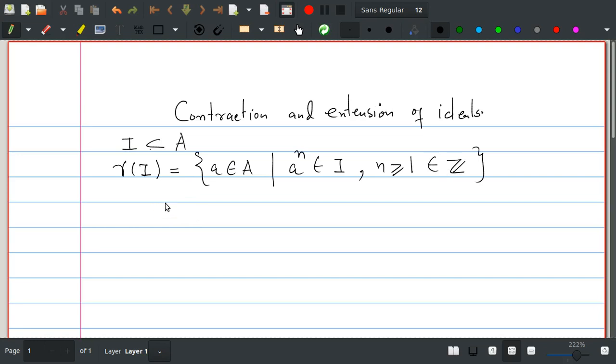Then we call this set the radical of I, and in last lecture we have seen that this radical is actually an ideal, and we did some exercises on radical of I.